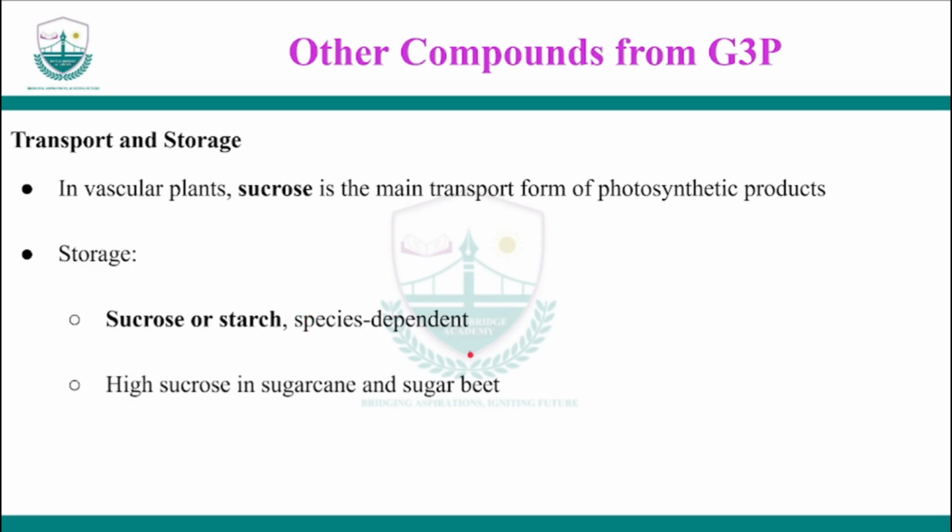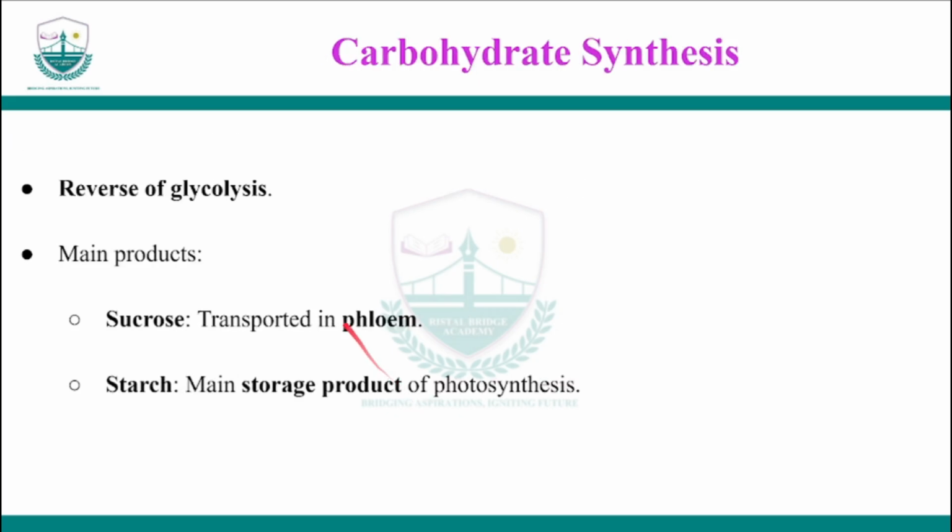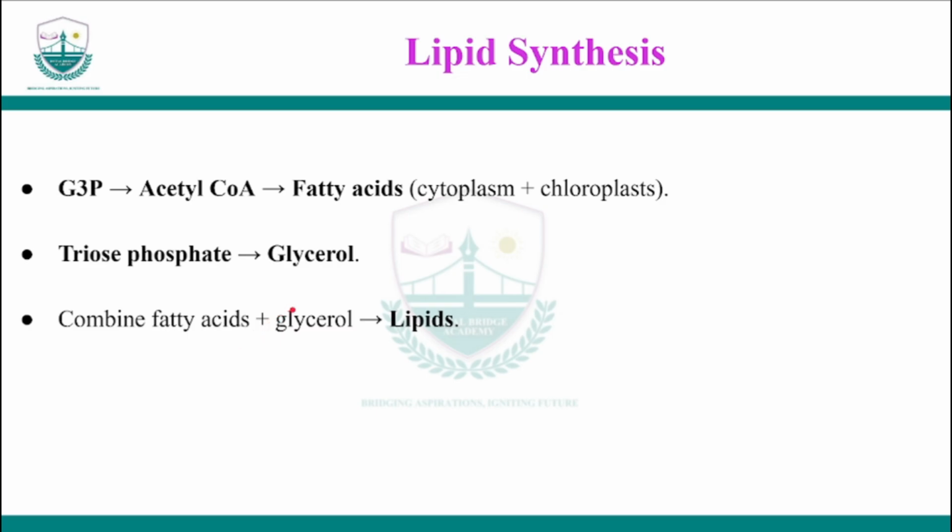For example, sugarcane has high sucrose, and so does sugar beet. And like I said, to get carbohydrates from photosynthesis, it's about the reverse of glycolysis. Sucrose is the transport form of carbohydrates, and starch is the main storage product of photosynthesis.